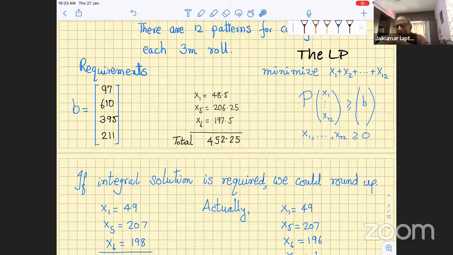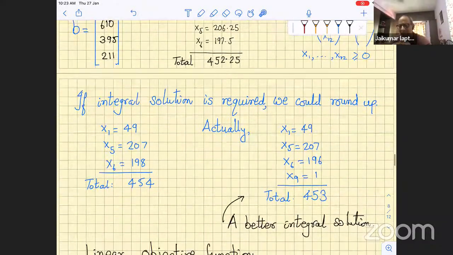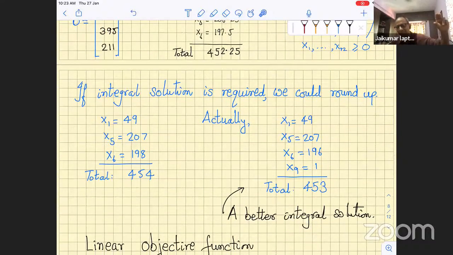But let us assume that we are allowed to stick rolls to satisfy the requirements. If there is half a roll from here and another half a roll from another cut, you can stick them end to end and produce a full roll of 42 centimeters width, for example.